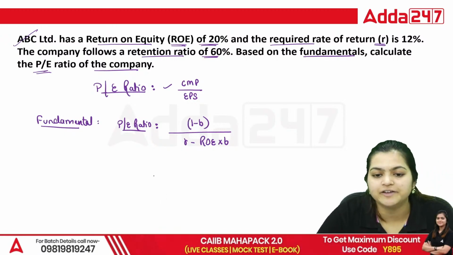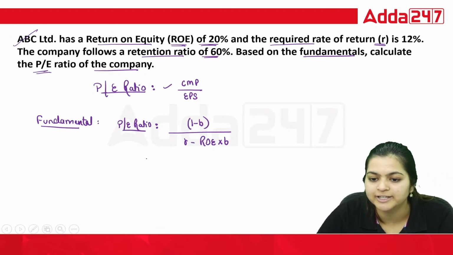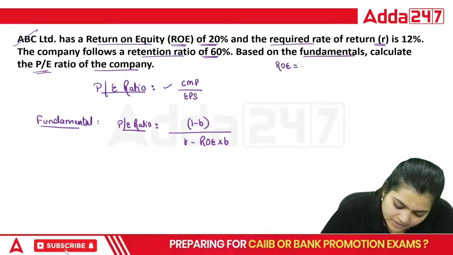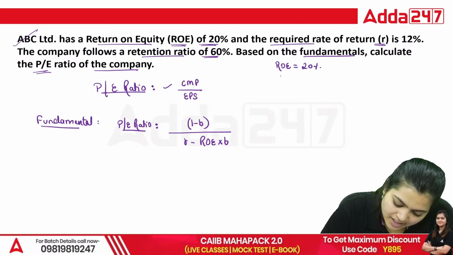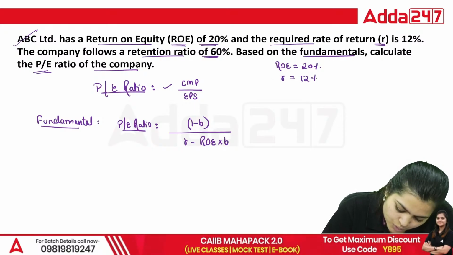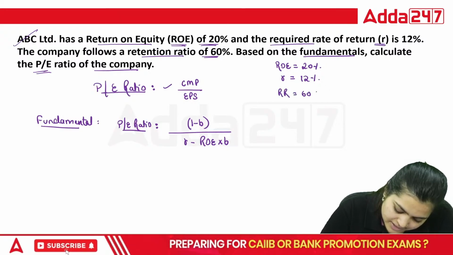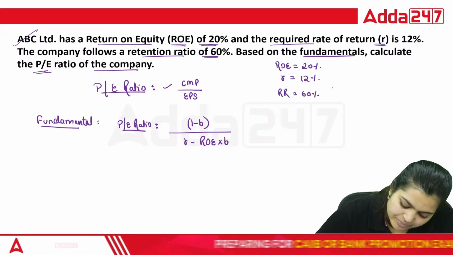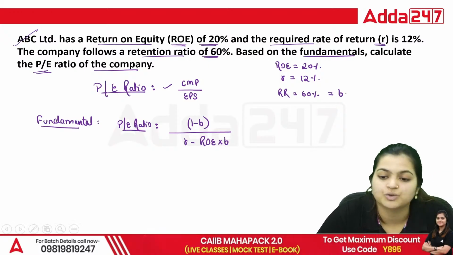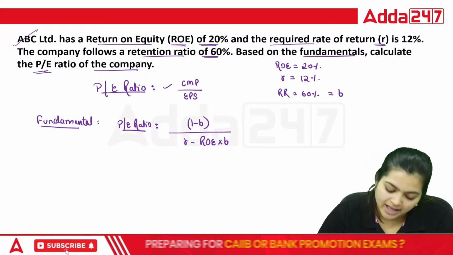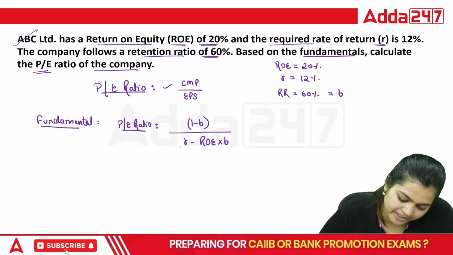ROE is your return on equity, that is 20%. R is also given, that is 12%. And the retention ratio is given, that is 60%. Now this B means your retention ratio only. B means retention ratio. And based on this, we need to calculate the amount.